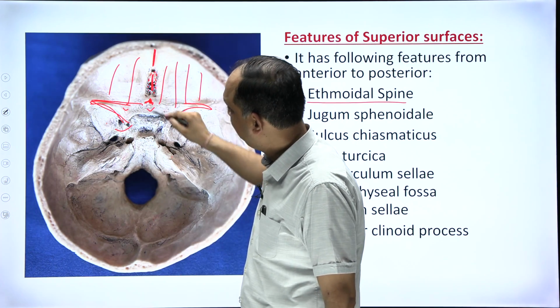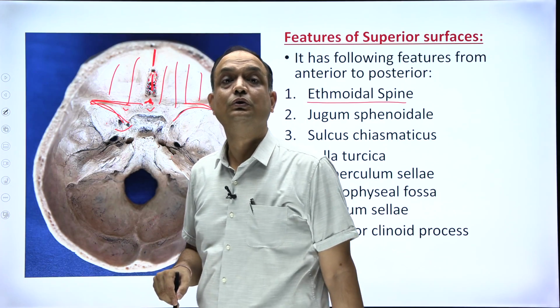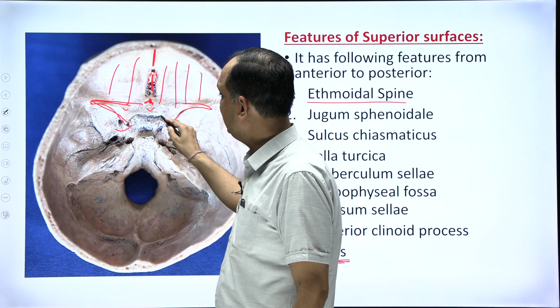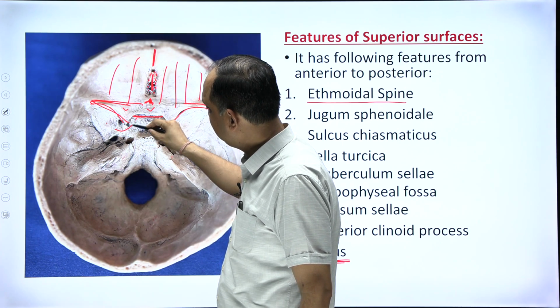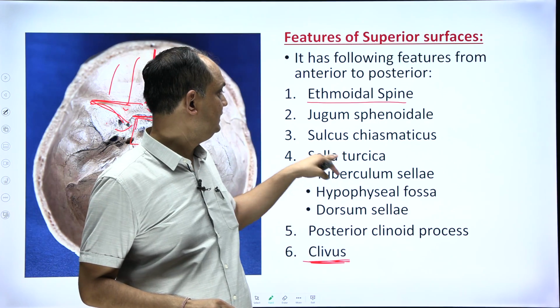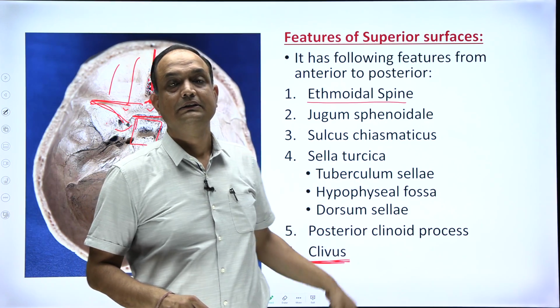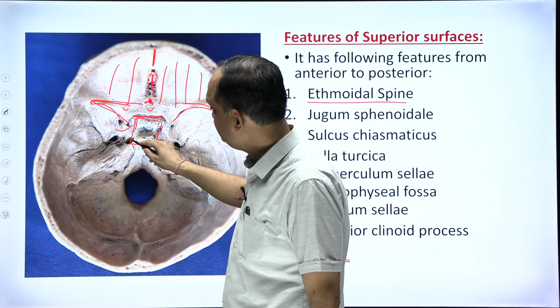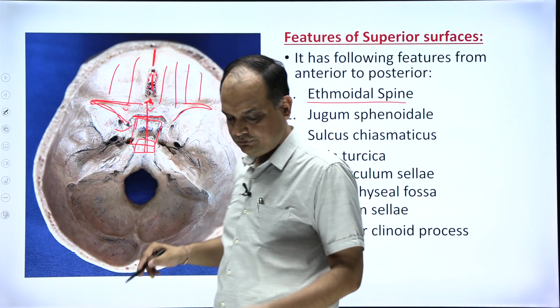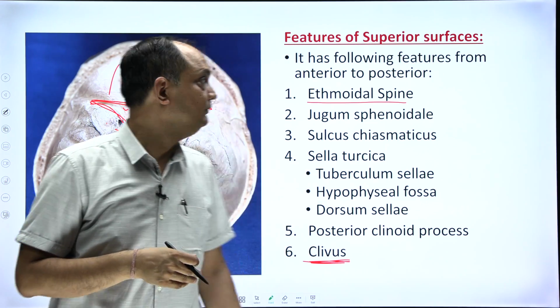Then this flat area is known as the jugum sphenoidale. Then you will have the sulcus chiasmaticus. Then this area with a single name, the sella turcica, which has three components. Then you will have the posterior clinoid process and this upper area of the clivus. Now we will discuss these areas in the midline one by one.